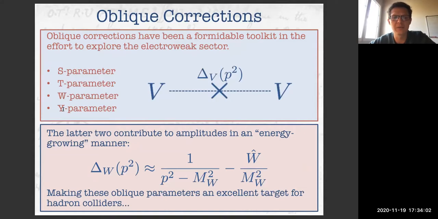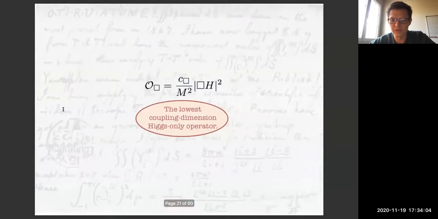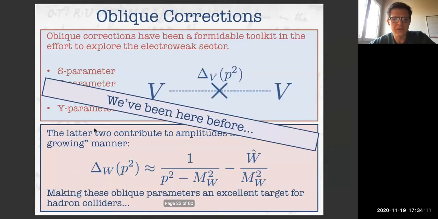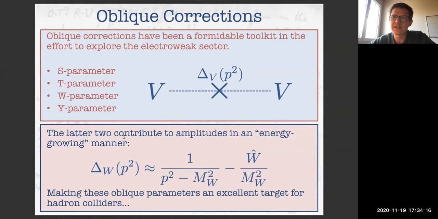Well, it turns out the W parameter and the Y parameter, which correspond literally to these operators here, and this would be the Z parameter, are the same sort of thing, 4 derivatives, two bosons, and they give analogous corrections to the propagators of the W and Z bosons, where the propagator takes this canonical form plus some constant piece, and relative to this it is growing by a factor p squared at high p squared.